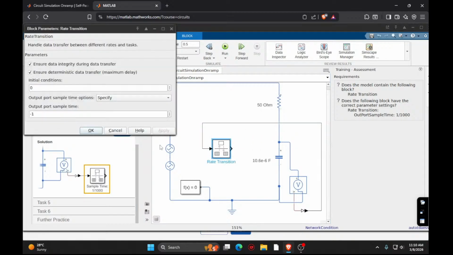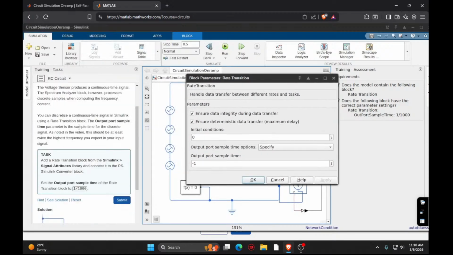In the parameters, set the output port sample time to 1 by 1000.